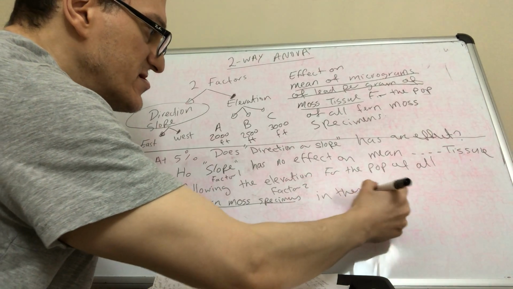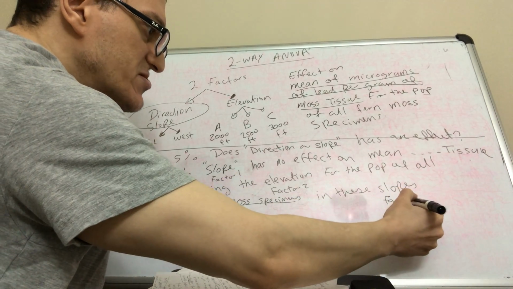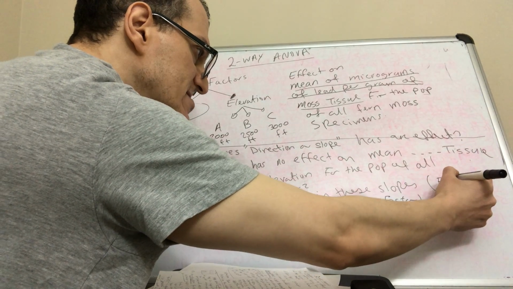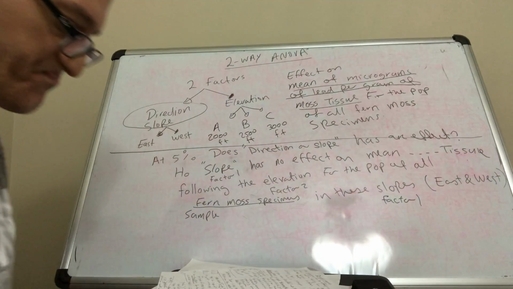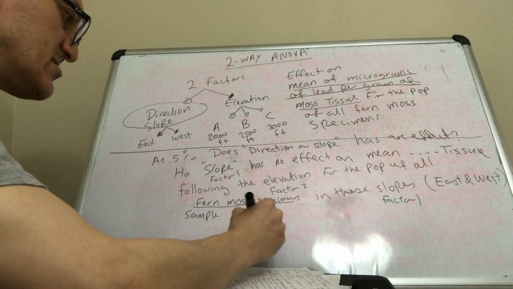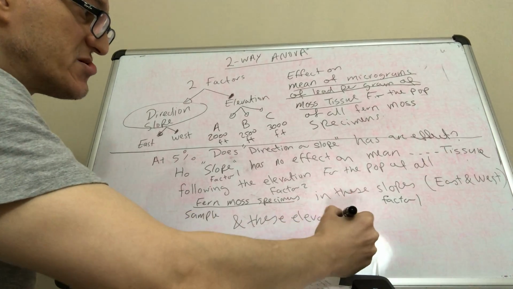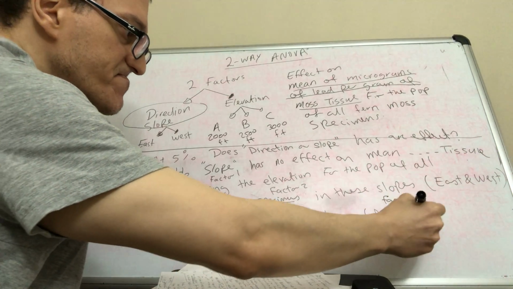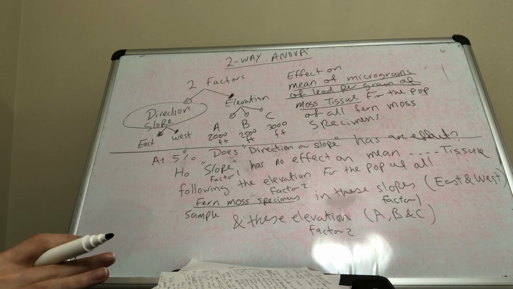And you have to name what the factors or the levels are. These slopes, east and west, and these elevations, which is factor 2, the A, B, and C. So this is the complete way of defining your H0.